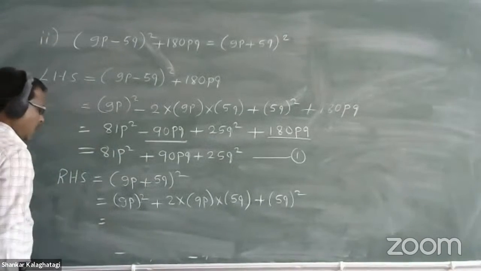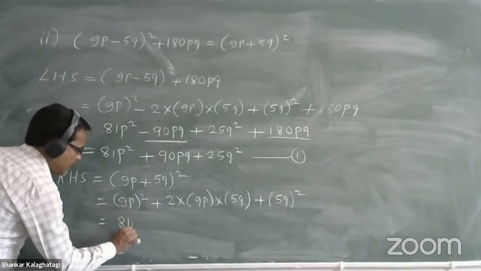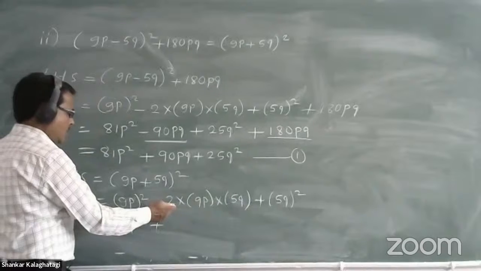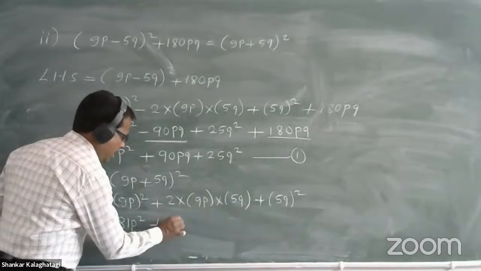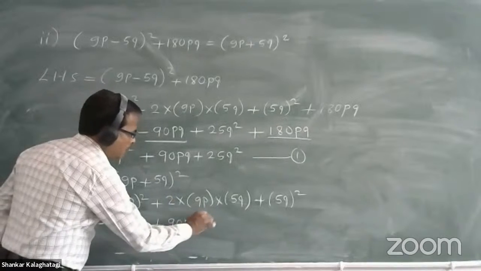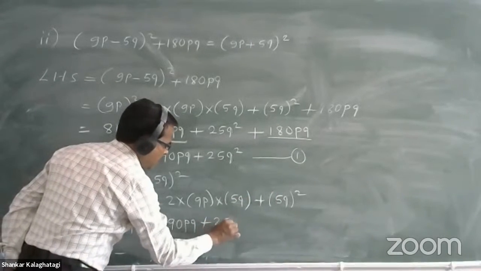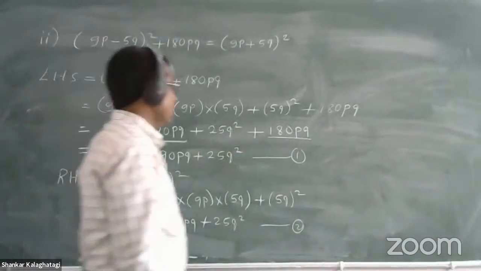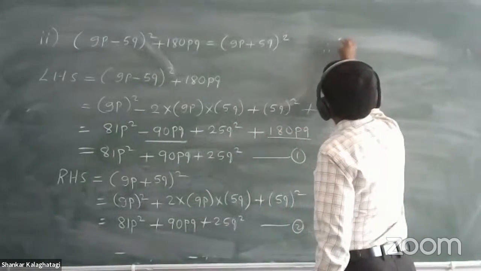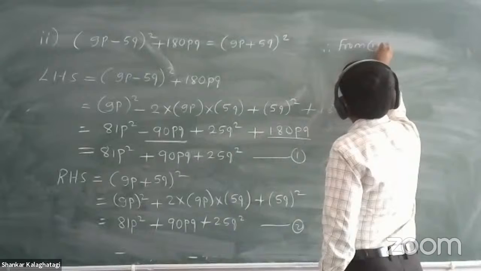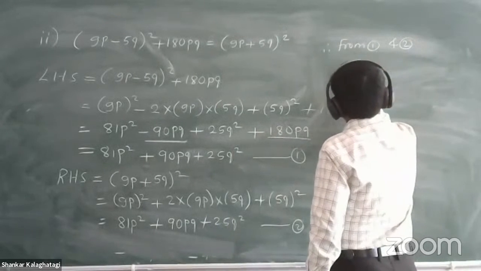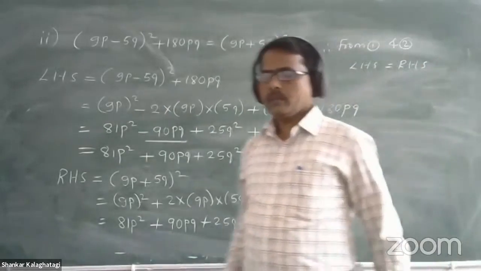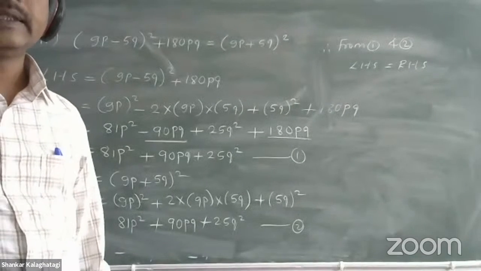This is equal to 9 9s are 81p² plus 5 9s are 45, 45 2s are 90pq, plus 5 5s are 25q². All this is 2. From 1 and 2, LHS is equal to RHS. Did you understand, students? Yes, sir.